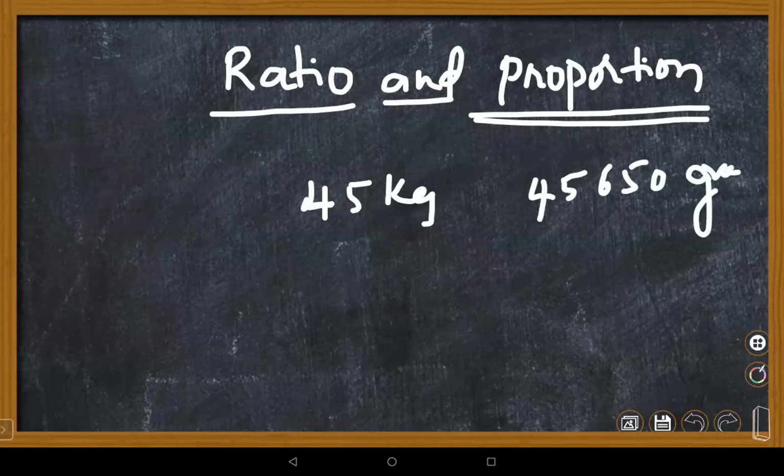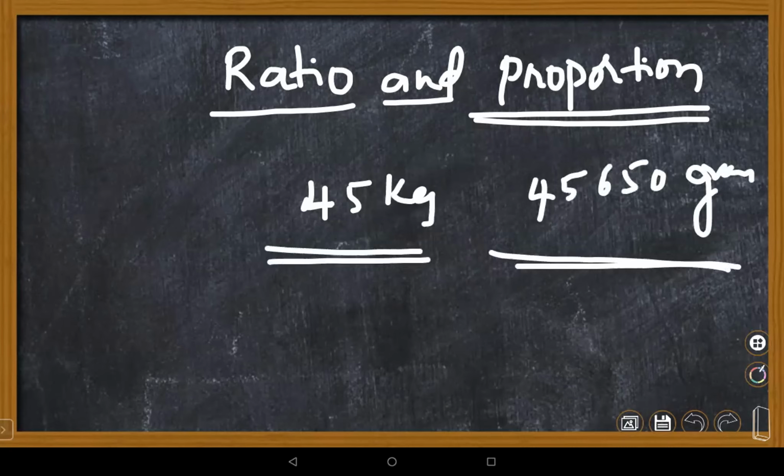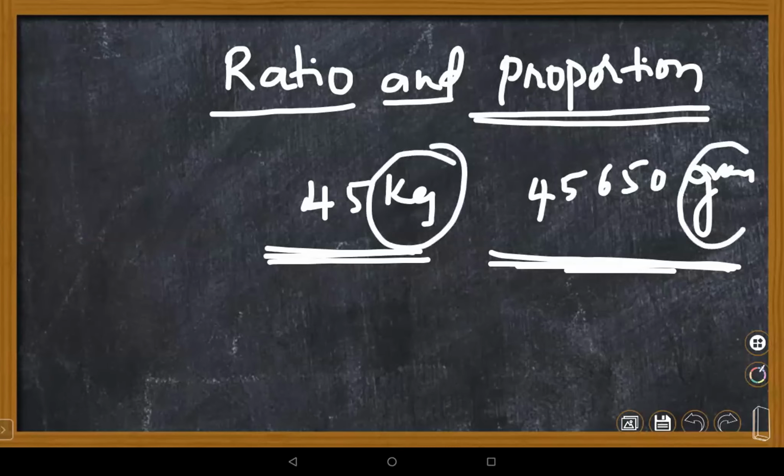Can I compare directly here? Ishan, can I compare the things here like that? No, ma'am. Is it easy to compare these quantities? Ma'am, no. Why no, Srishti? Ma'am, because the units are different. We can't do it. Very good. Here it is kgs, here it is grams.